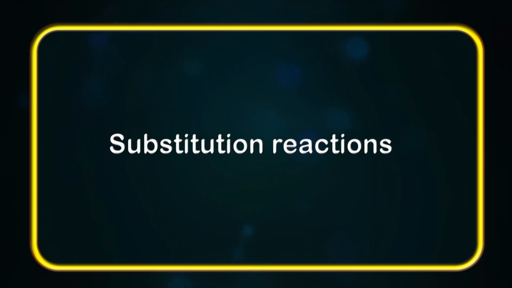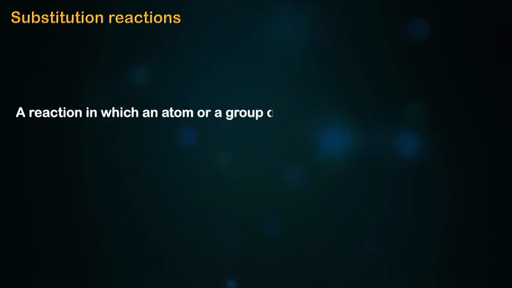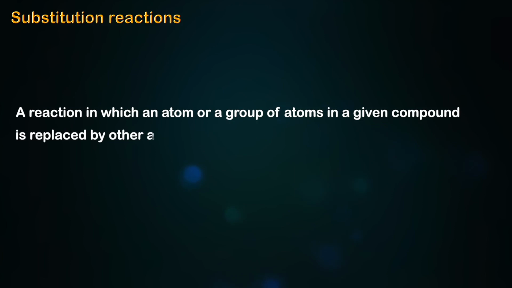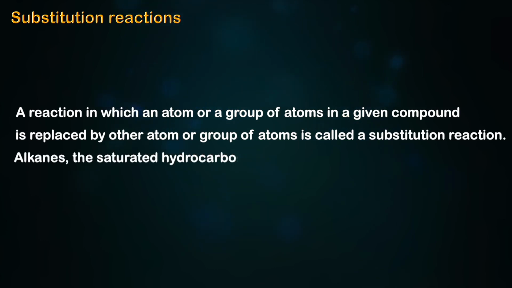Substitution reactions. A reaction in which an atom or a group of atoms in a given compound is replaced by another atom or group of atoms is called a substitution reaction. Alkanes, the saturated hydrocarbons, are chemically least reactive.